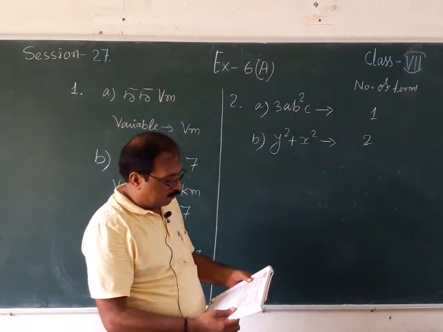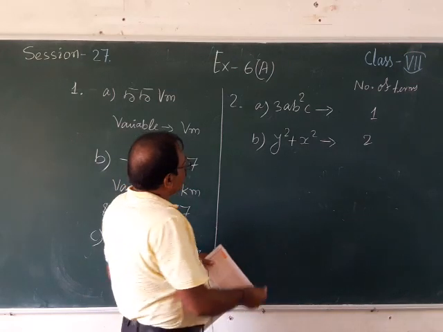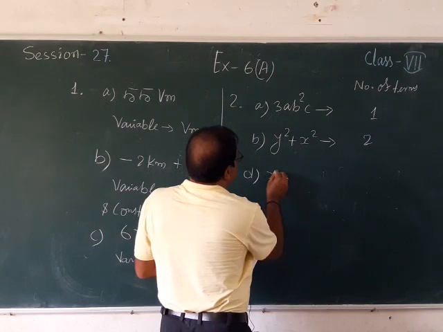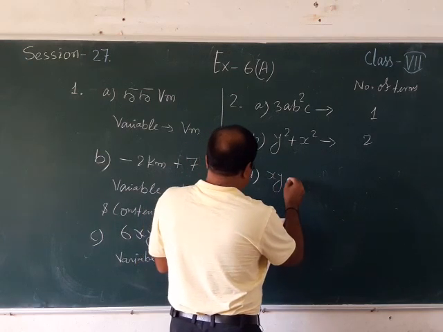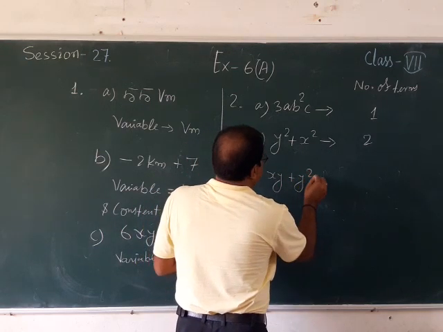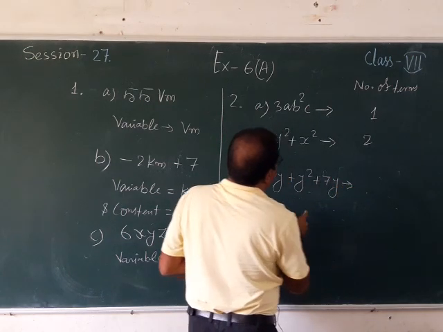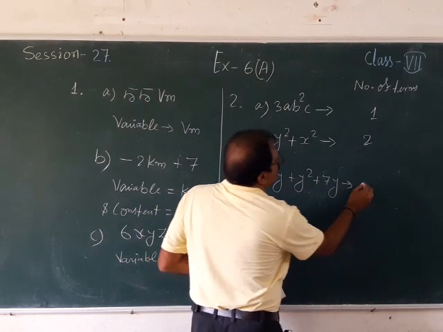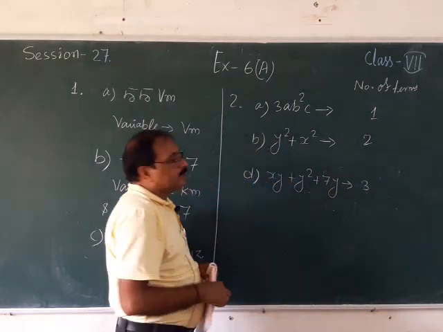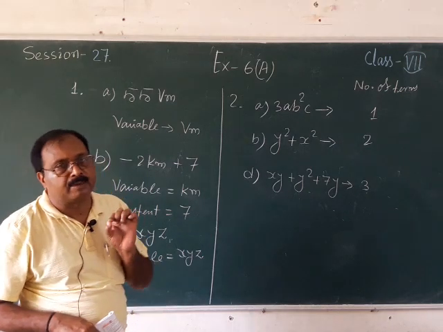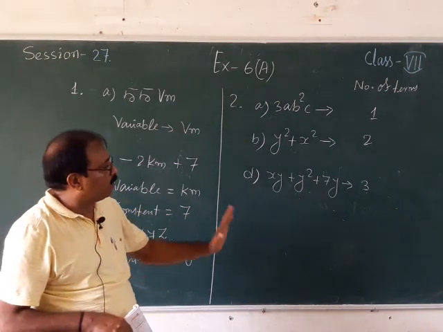In the same way, for question D, xy plus y square plus 7y, how many terms are there? 1, 2 and 3. Terms are always separated with a plus or minus sign. Remember this, then only you can count the terms.